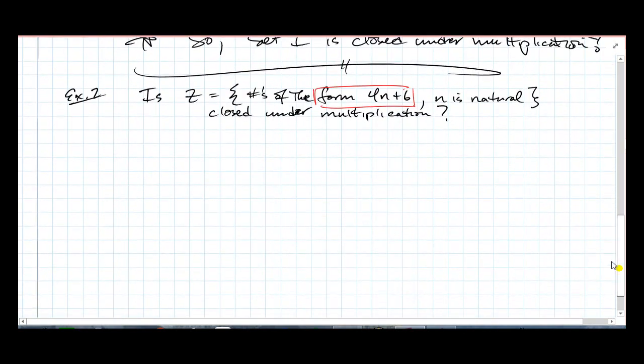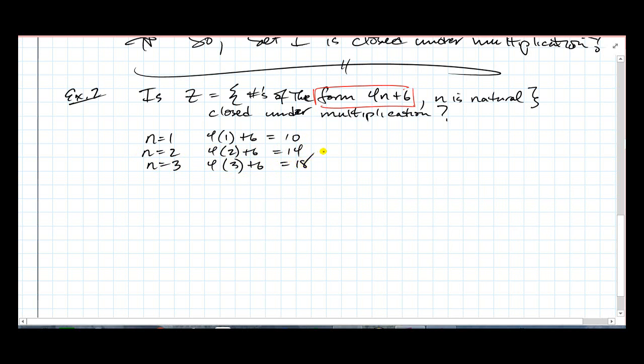So let's do it. When n equals 1, this is 4 times 1 plus 6. 4 and 6 is 10. When n is 2, you get 4 times 2, which is 8, plus 6 more, 14. When n is 3, you get 4 times 3 plus 6, 12 and 6, 18, etc. Now, if I take any two of these numbers in the set, 10, 14, 18, and multiply them together, do I get a number in the set?